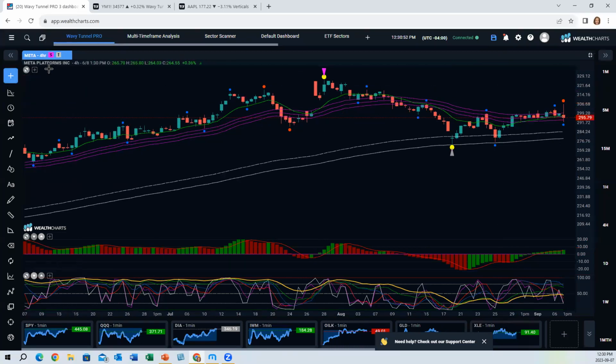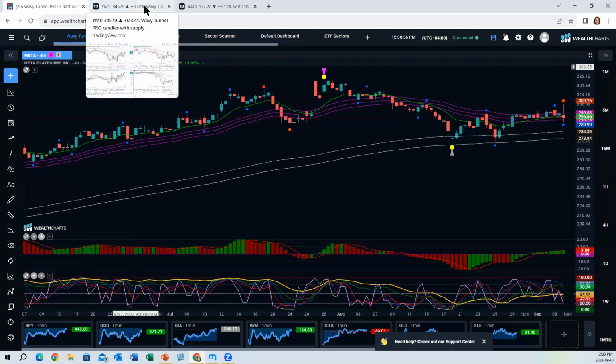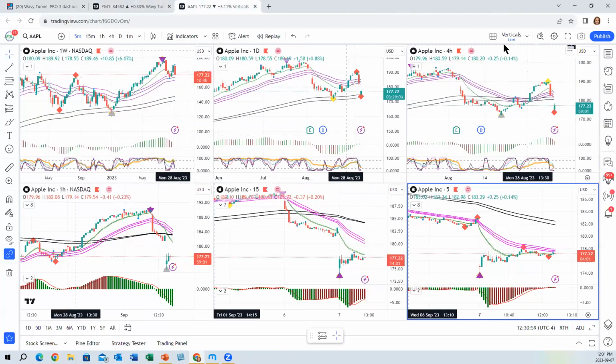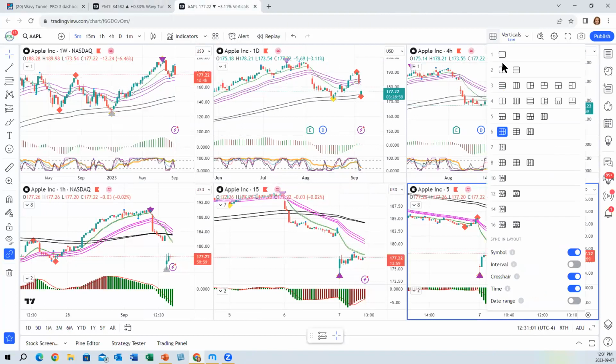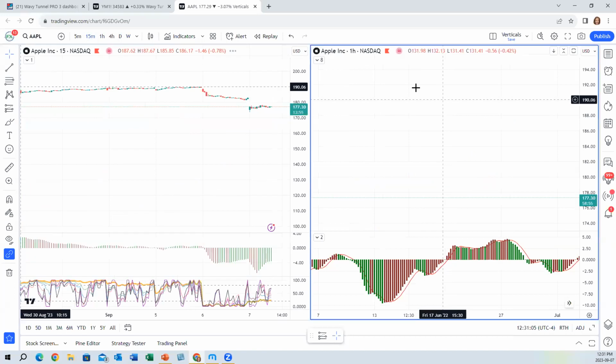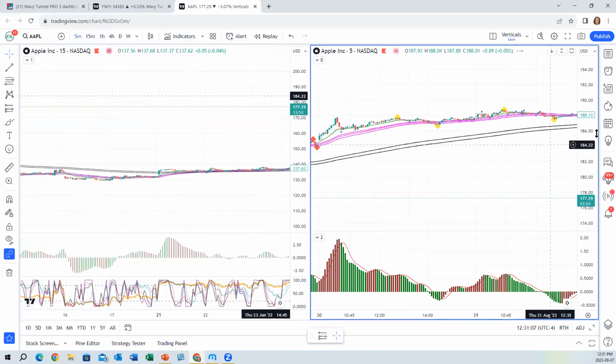Okay, well, let me go to my TradingView. And let's just do 2 time frames here. Okay. And let's do the 15-minute and the 5-minute.